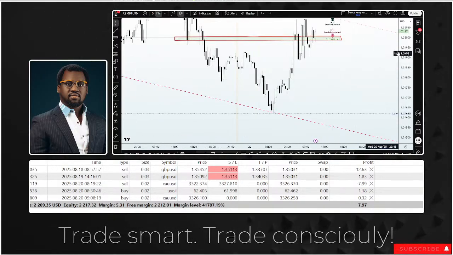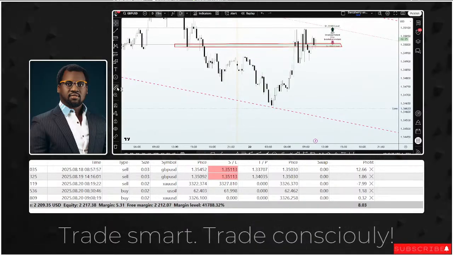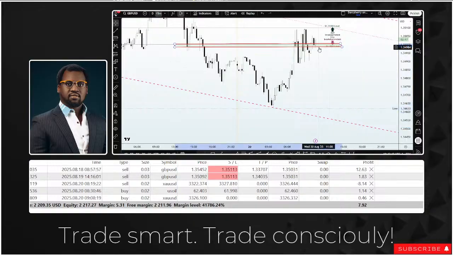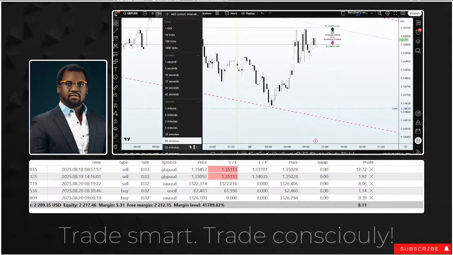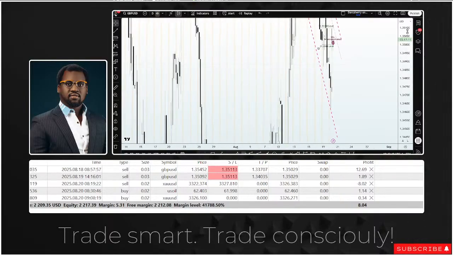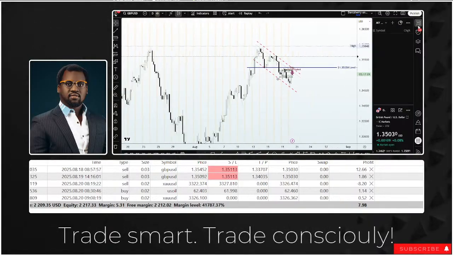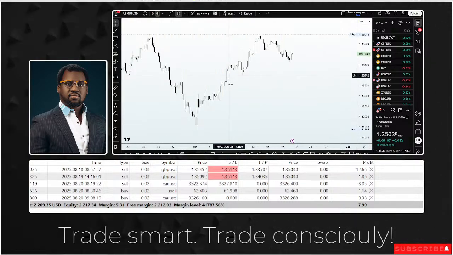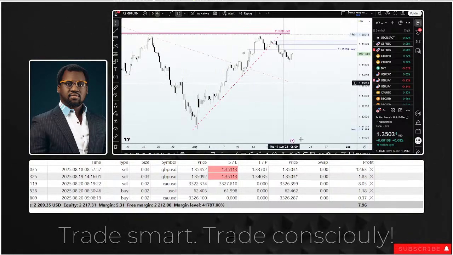If you're a day trader, you can be looking at your TP at the support line of this range bound of this descending channel, which dovetails to about 50 pips. Or if you're a long-term trader like me, we go to the 4 hours time frame, and I'm looking at TP around this trend line here.